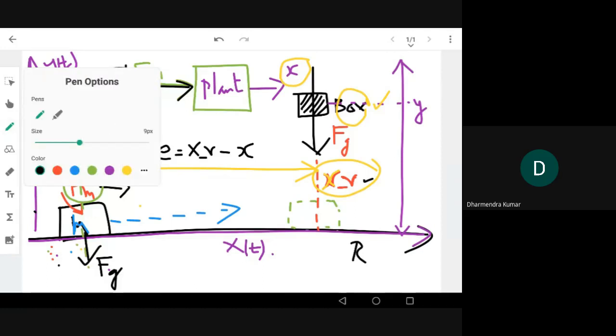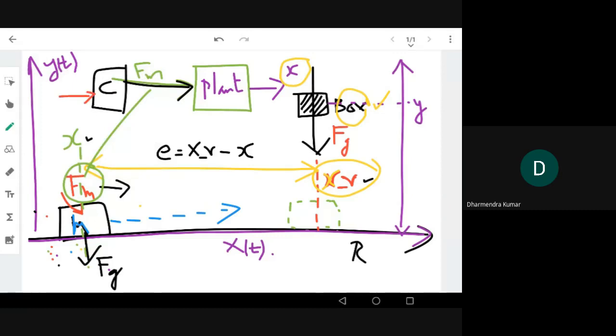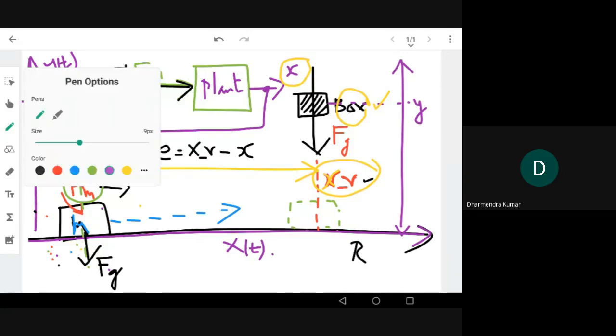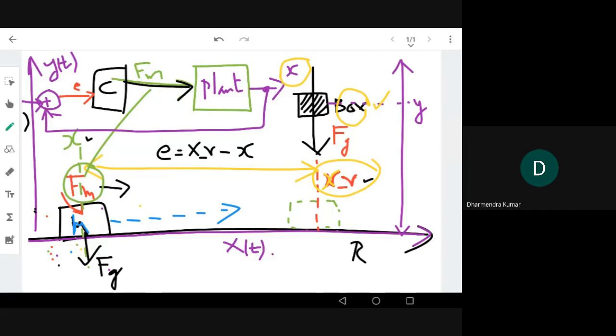So what is the input to the controller? We know definitely the input to the controller is going to be some error. What is the error? This error is coming from the difference of the reference position and the current position, where the current position is minus and the reference position is plus. Definitely xref will be the input.